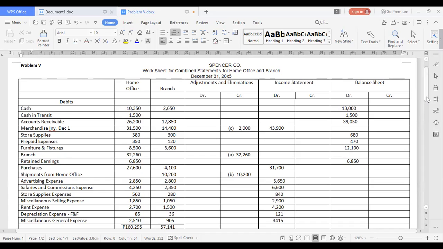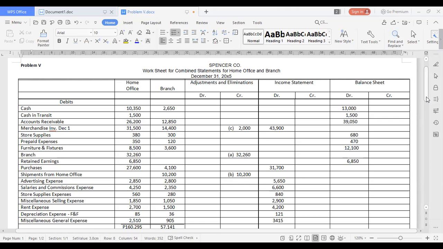That's why I started with requirement number 4, so you can really see the adjustments. Okay, now we go to the worksheet. Actually, this is requirement number 2. And we are given these figures in the problem, except those with adjustments.